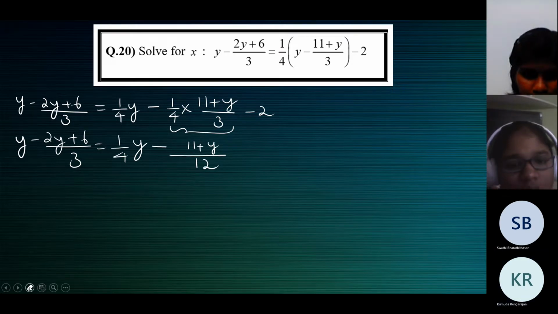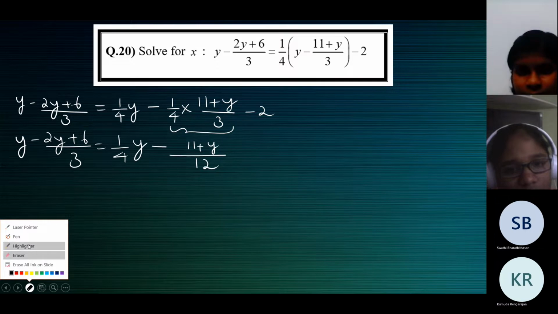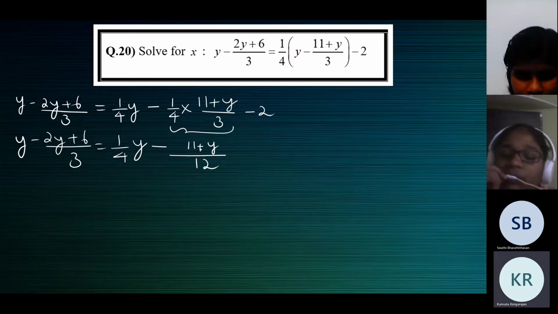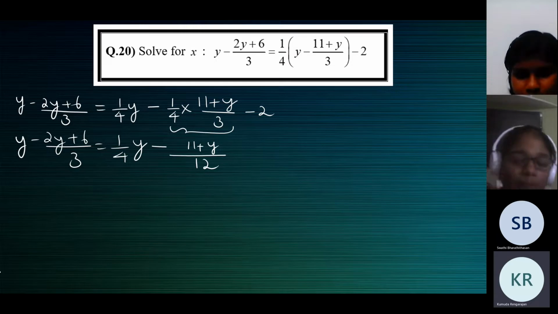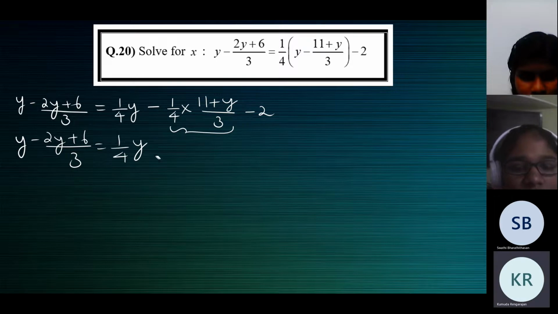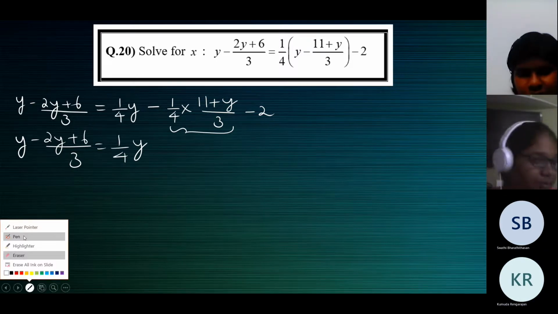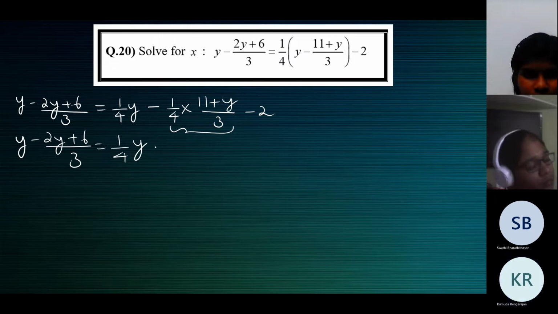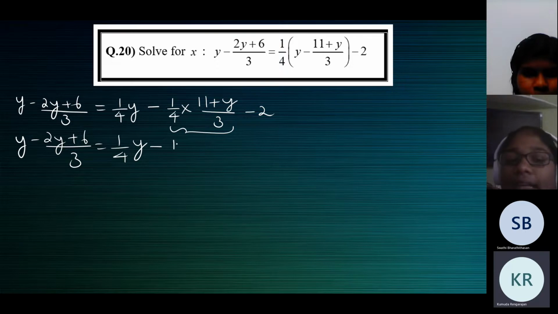1 into 11 plus y is anyways the same thing. 1 into anything is the same thing. Let me write it again for you. Minus 11, 1 into 11 plus y, correct?